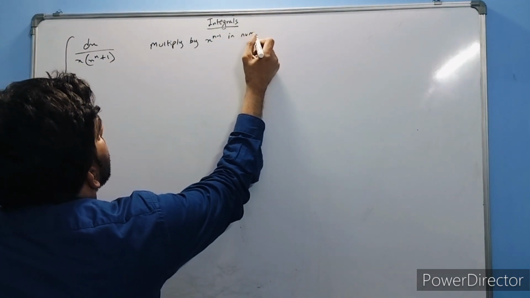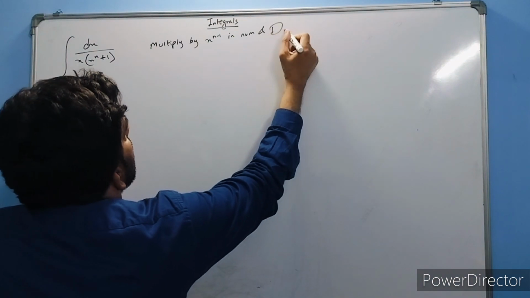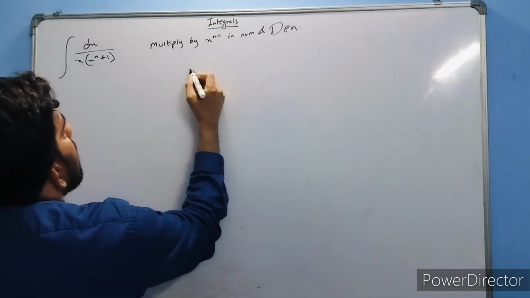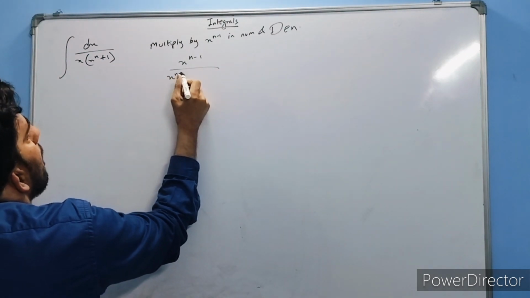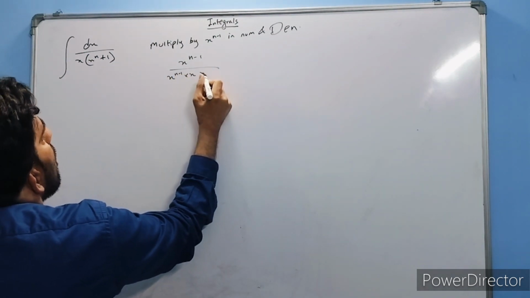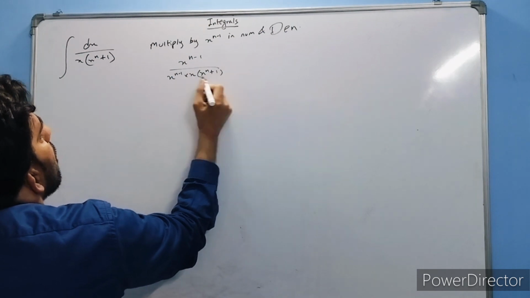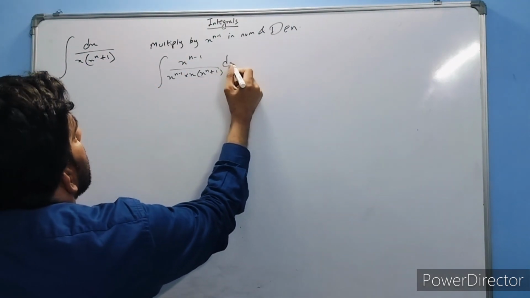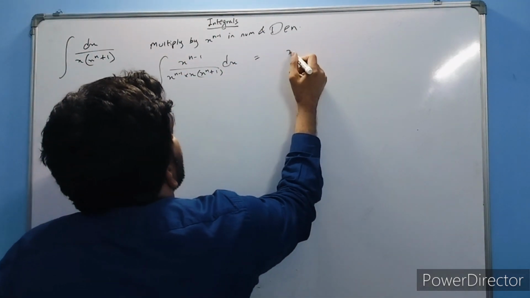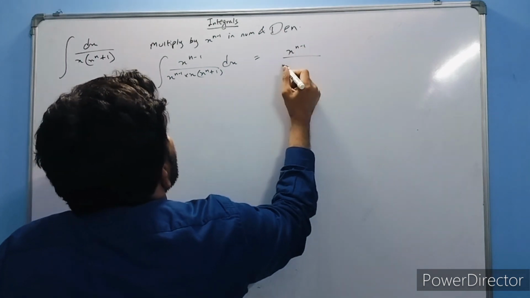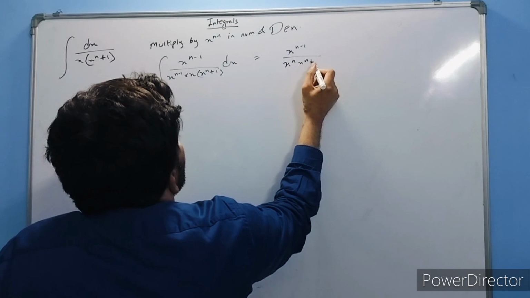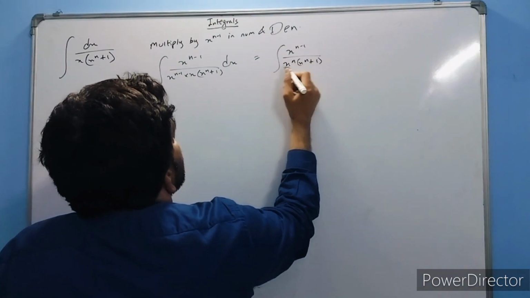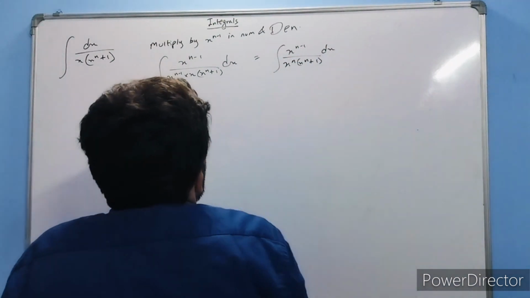So what we'll get here, if I multiply x^(n minus 1) into x^n plus 1, I got this. What I will get here is x^(n minus 1) upon x^n (x^n plus 1) dx.